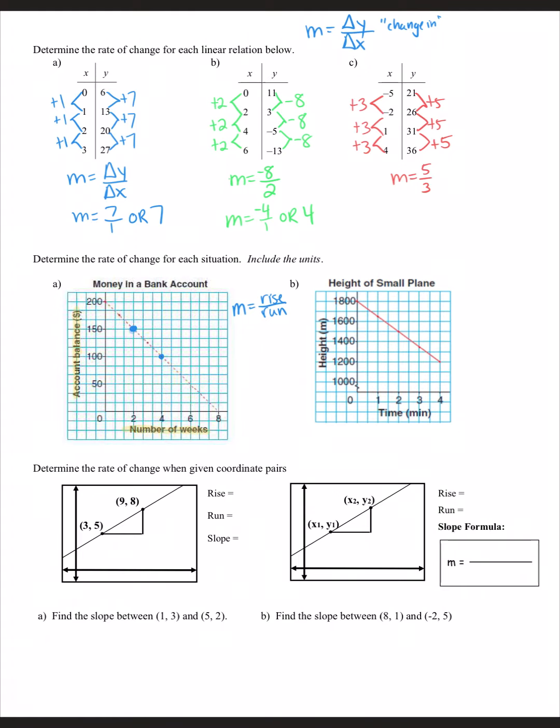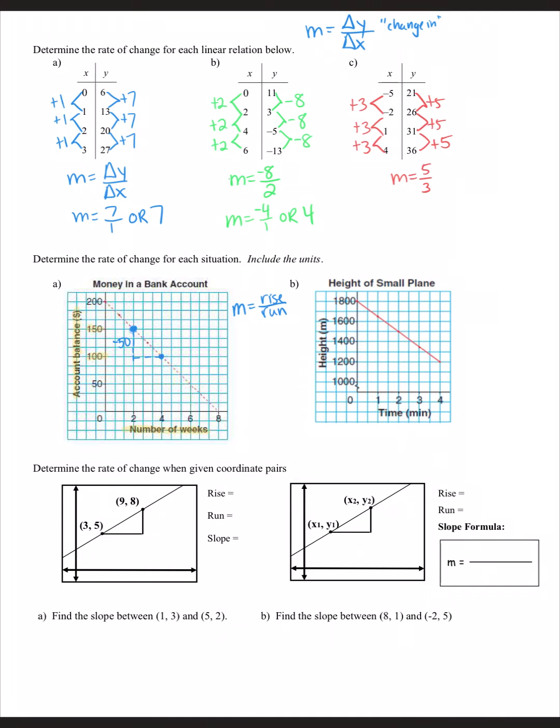So as I go from this first point in blue and I go down, it looks like I go down to what is 100 along my y-axis, right? So I go from 150 down to 100. I'm just going to put on there on my graph so I can see I went down 50.